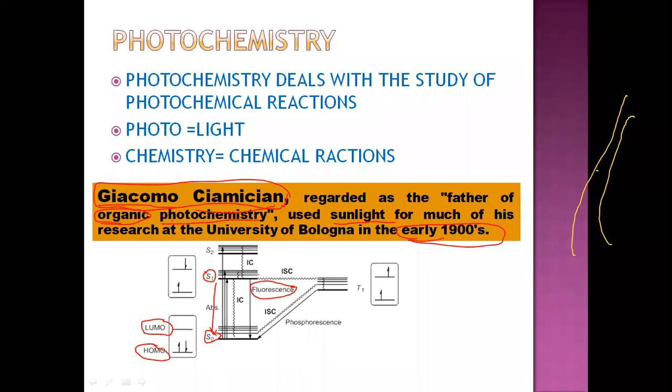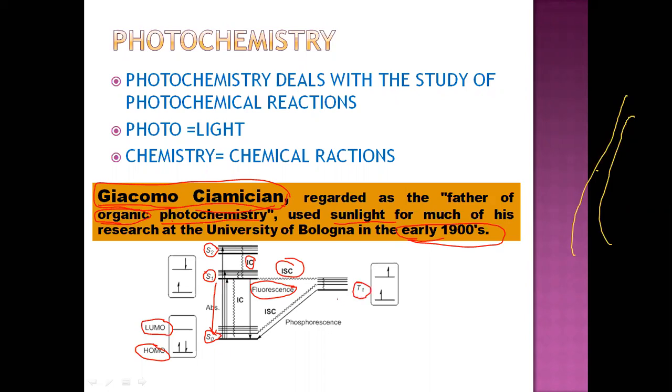Now, another condition happens in this diagram. In this singlet excited state of the electron, due to intersystem conversion, the spin will change. The spin changes, and the singlet converts into the triplet.